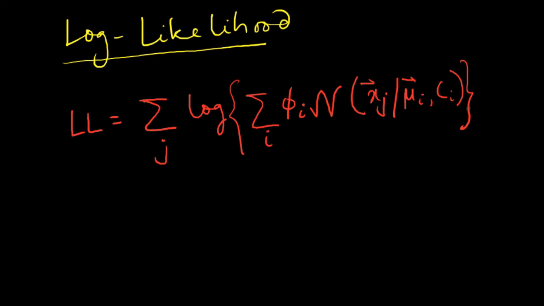So either you can carry out your iteration till this log likelihood reaches some stable value, or you can iterate till your parameter values mu I, sigma I and phi I converge to some stable value. This is the Gaussian mixture model algorithm, and as you can see, it has some clear advantages over the k-means clustering algorithm. Now let's summarize the important differences between the k-means algorithm and the Gaussian mixture model.